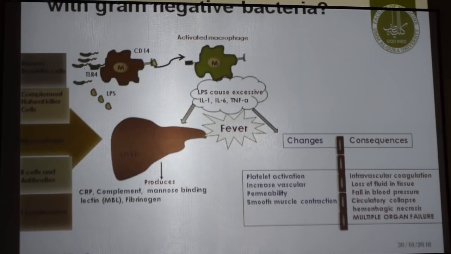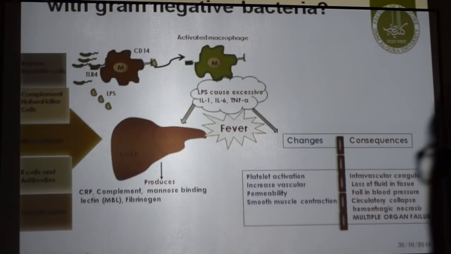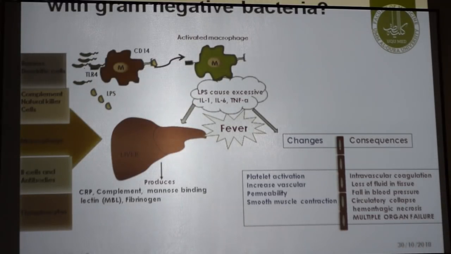So hypovolemia results from both things, vascular dilatation and seeping out of the fluid. Then there is intravascular coagulation as well. In the presence of these gram-negative bacteria or endotoxin, they will trigger the clotting pathway and clots will form, intravascular coagulation. All these together are going to result in endotoxin shock.